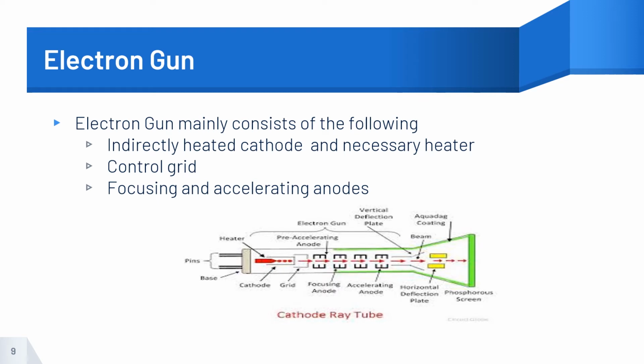The electron gun mainly consists of an indirectly heated cathode with a heater, and a control grid. This control grid is always kept at negative potential. These are the focusing anodes, and these are the accelerating anodes.